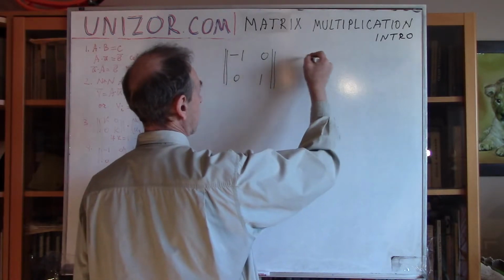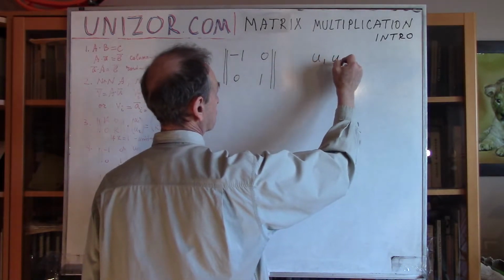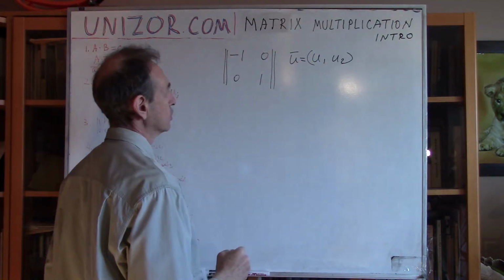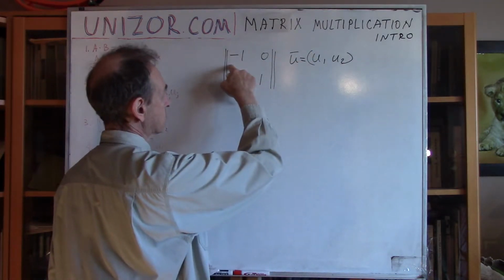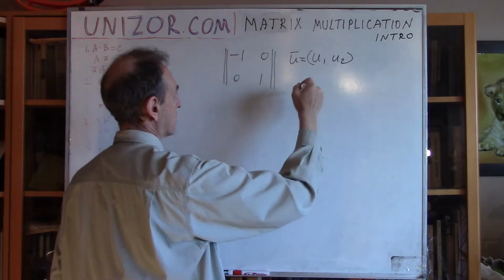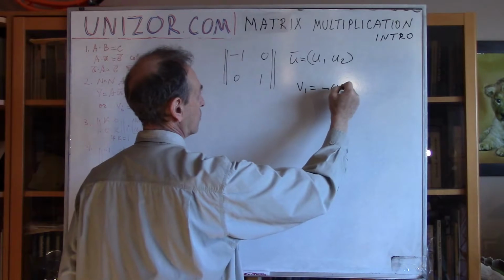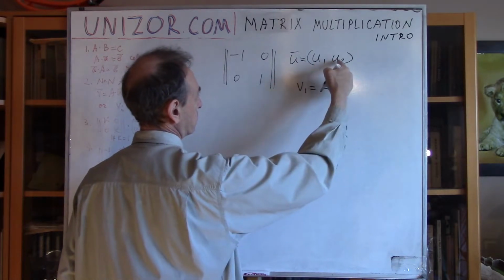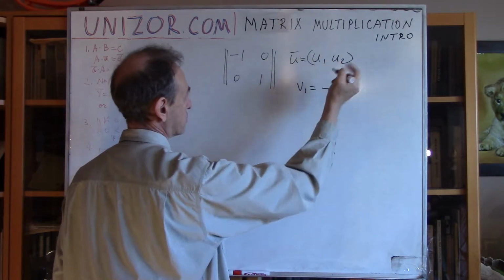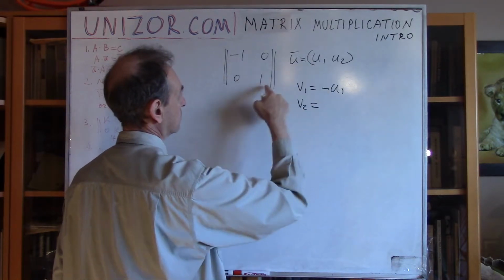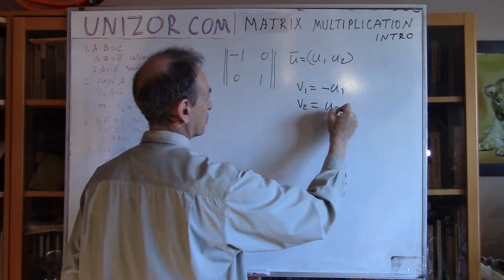Well, let's multiply this by u1, u2. And what do we have? First, we multiply the first row by these coefficients, which gives v1 equals minus u1 plus 0 times u2, and v2 equals 0 times u1 plus 1 times u2, which is u2.